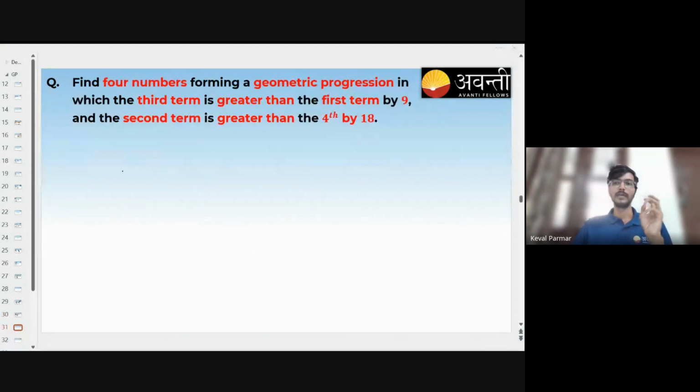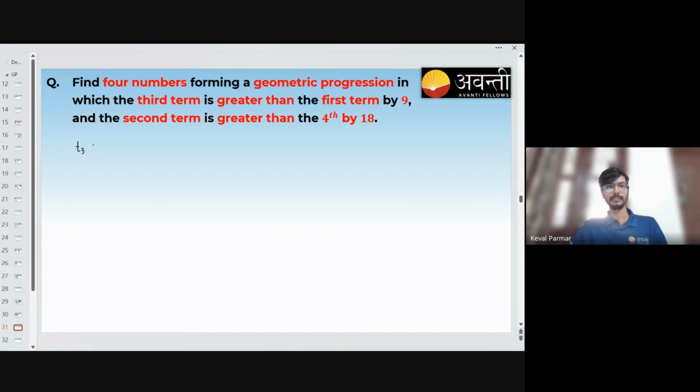What is it? Let me and you read together. Find 4 numbers forming a GP. Third term is greater than the first by 9, second term is greater than the fourth by 4 by 8. Okay, I think same question है. We can all try together. So A और R ही चाहिए. Find 4 numbers forming a GP in which third term, so T3, is greater than the first term.